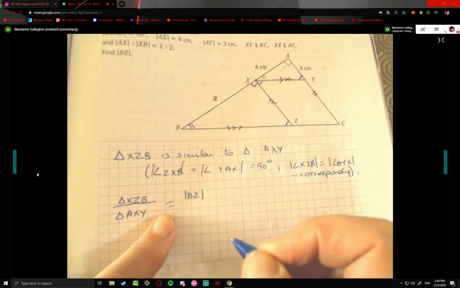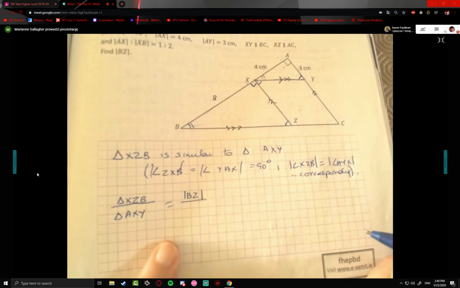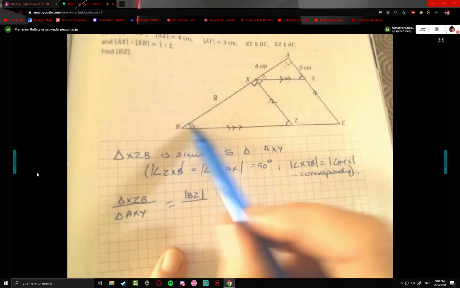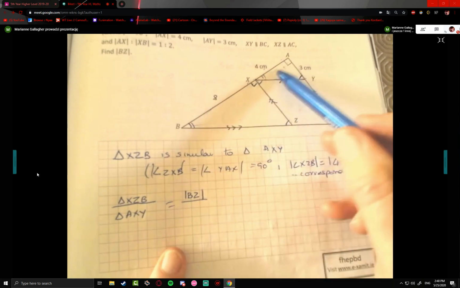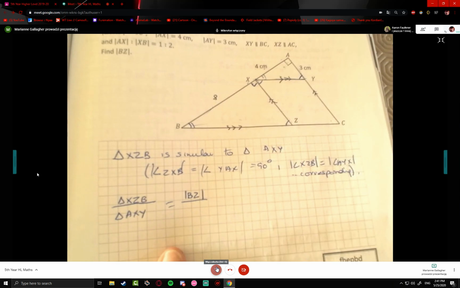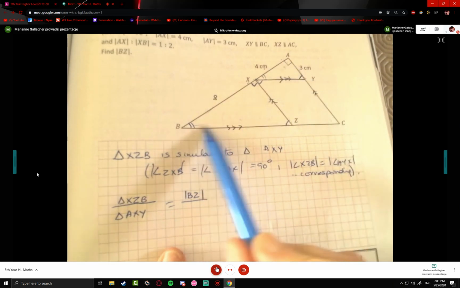Now, which side does that correspond to in the smaller triangle? BZ is the one on the bottom here.